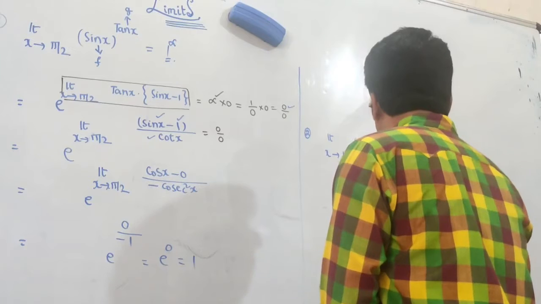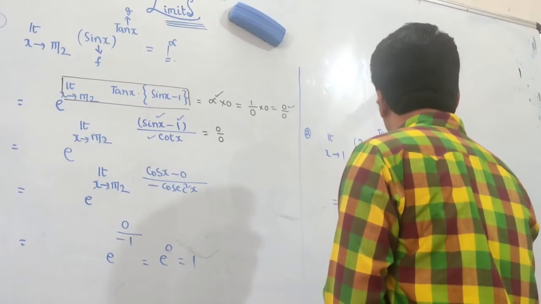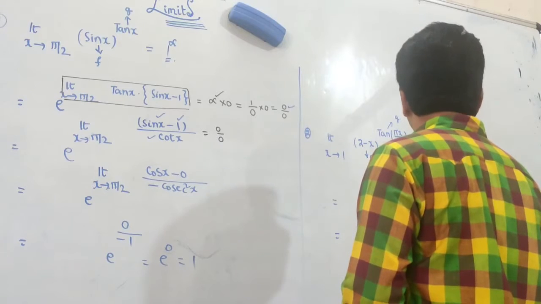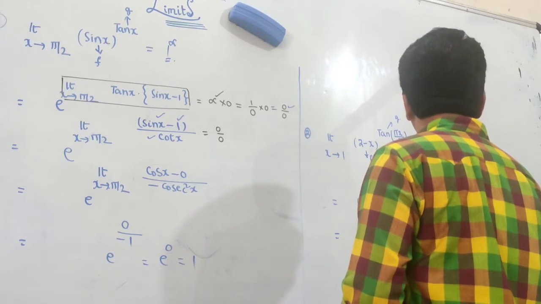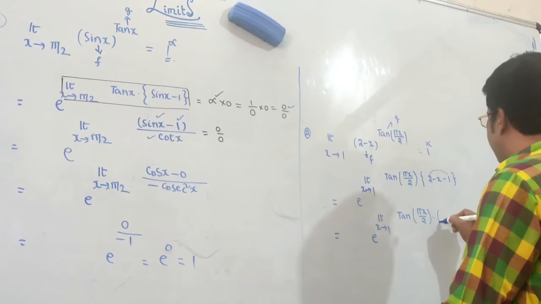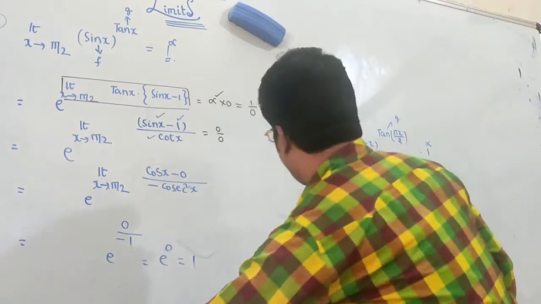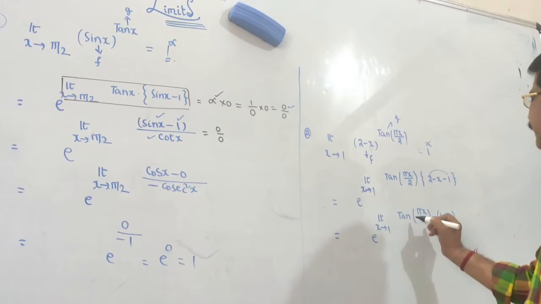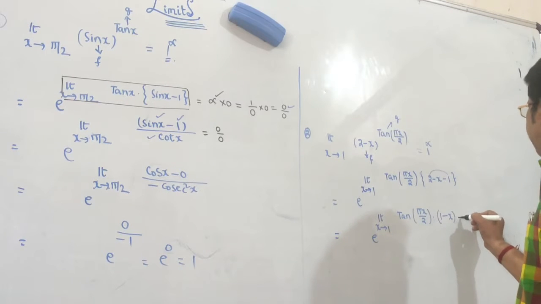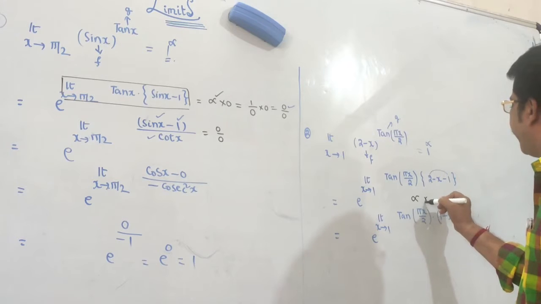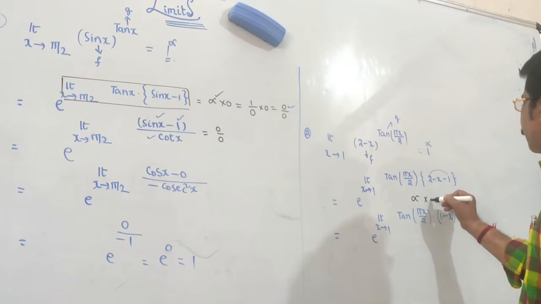So just simplify it. E power limit x tends to 1 of tan of pi x by 2 into 2 minus x minus 1, which is 1 minus x. So here rough work. Put x equal to 1. Then tan pi by 2 is infinity into, put x equal to 1, 0.